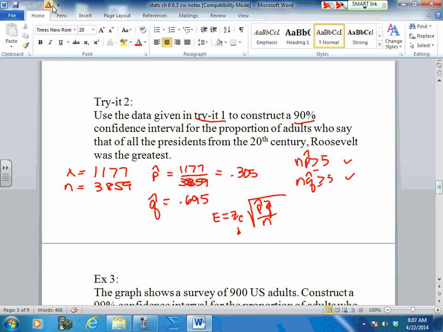So what is your ZC for 90%? 1.645. Good. And your p-hat and q-hat go on the top in your numerator, over 3859. Make sure you use the right n. I know some of you sometimes are off on the n a little bit. So what's our margin of error to 3 decimal places?